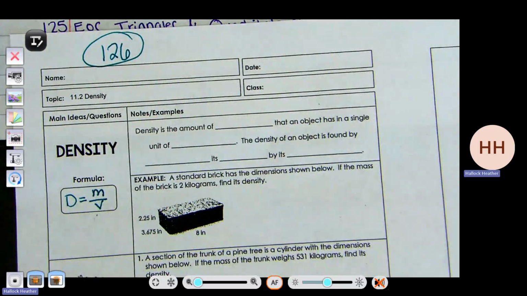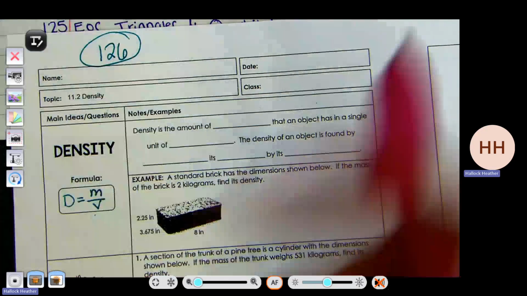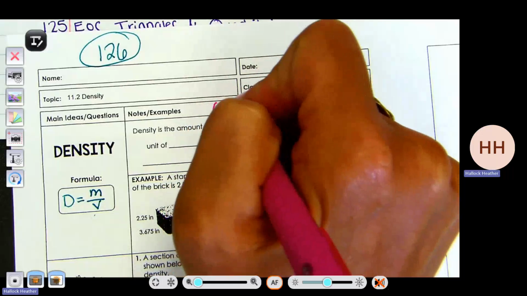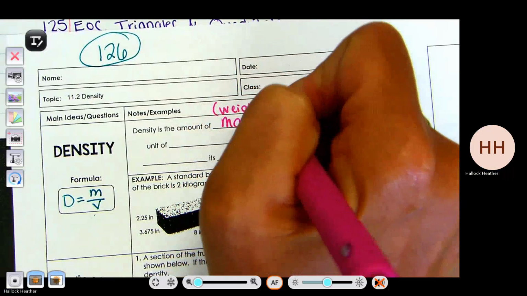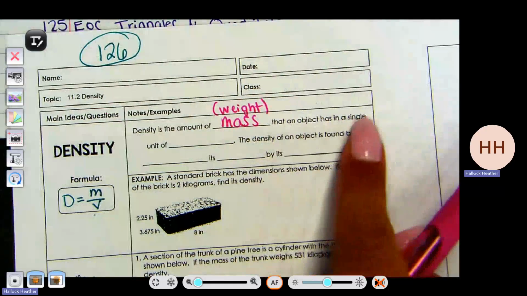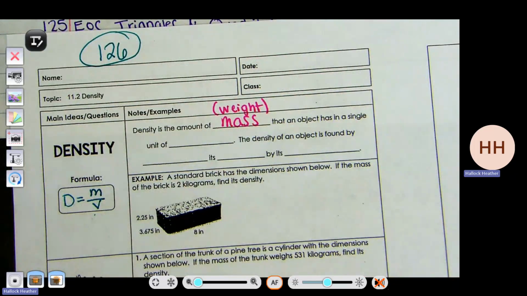Okay. So density is technically the amount of mass. Mass is the weight of an object. Density is the amount of mass, or the amount of weight, that an object has in a single unit of volume. You find volume and it's usually a big number, because that's how much fits into a space.